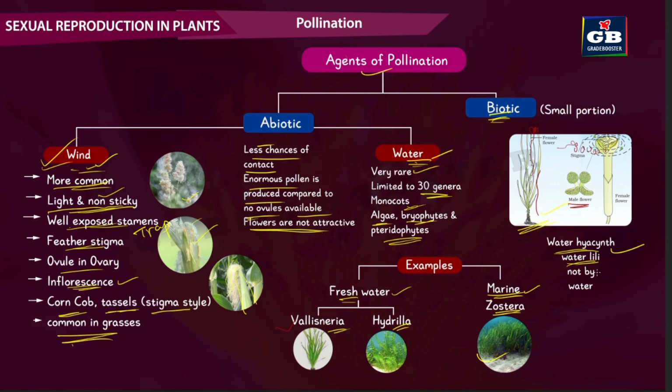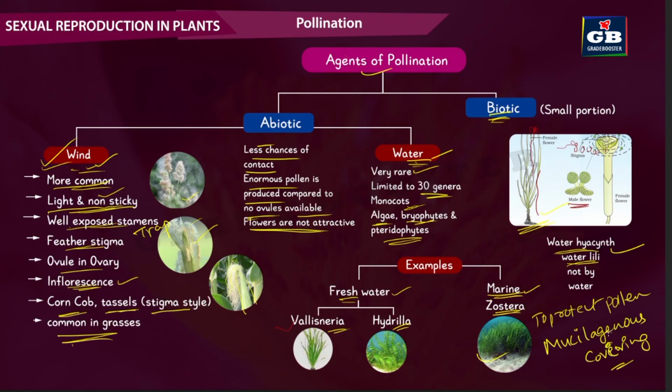So to protect the pollen grains from getting wet, a mucilaginous covering will be present on the pollen grain to protect it from wetting.